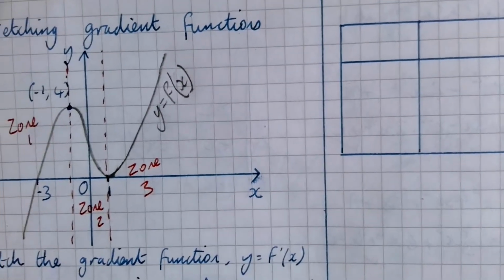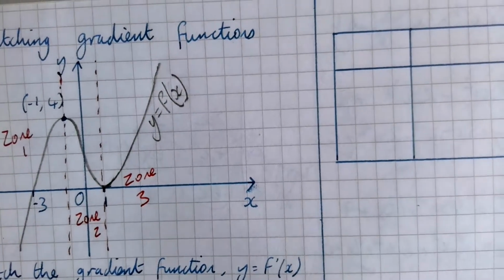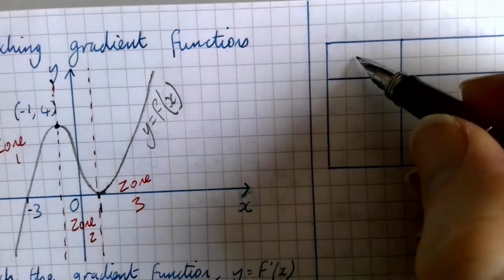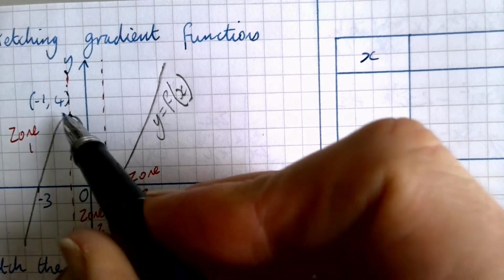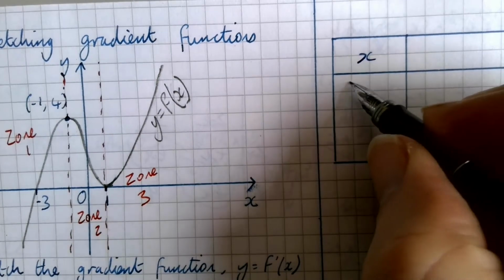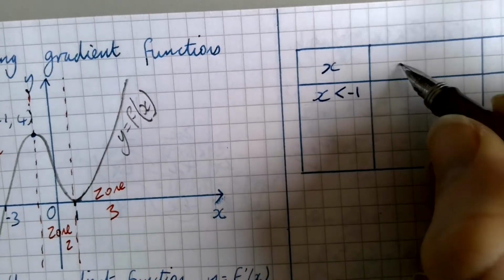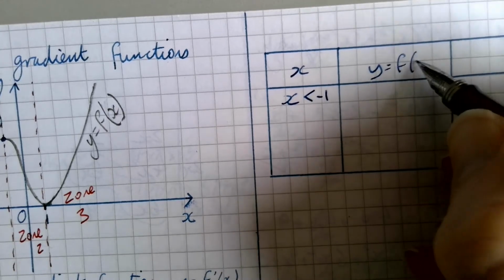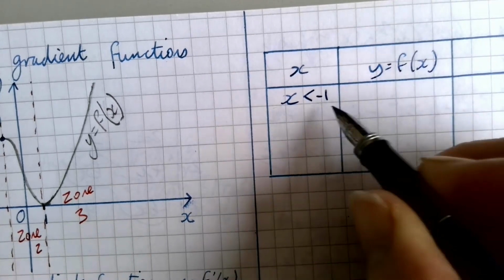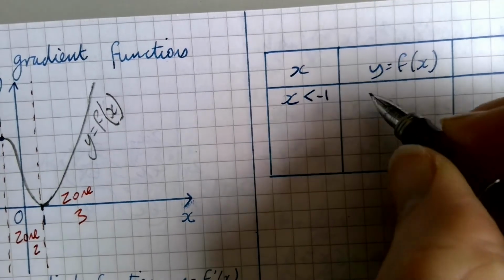That's just going to help me consider each part one at a time. Then I'm going to put a little table together so that I know what I'm going to draw before I just try and sketch it, because otherwise it's very confusing. So my values of x in zone 1 are always smaller than negative 1. So I'm going to say, right, when x is less than negative 1, this first column here I'm going to call y equals the function of x. So we're talking about this curve. And what is happening here? I've got a positive gradient, haven't I?